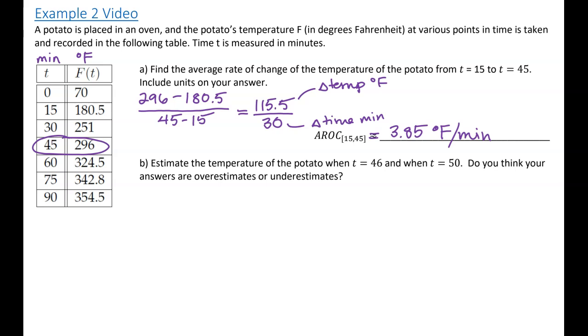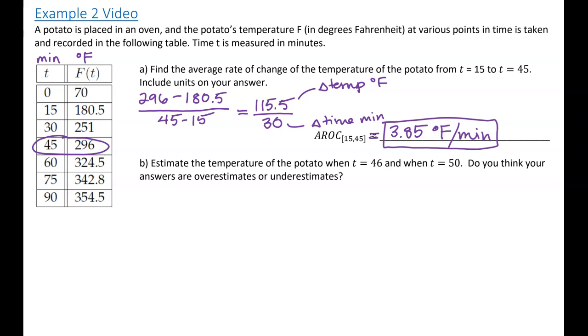At 45 minutes, the temperature was 296 degrees. And what we've just discovered is that on average, between the 15-minute and 45-minute mark, the temperature was increasing by 3.85 degrees Fahrenheit per minute.